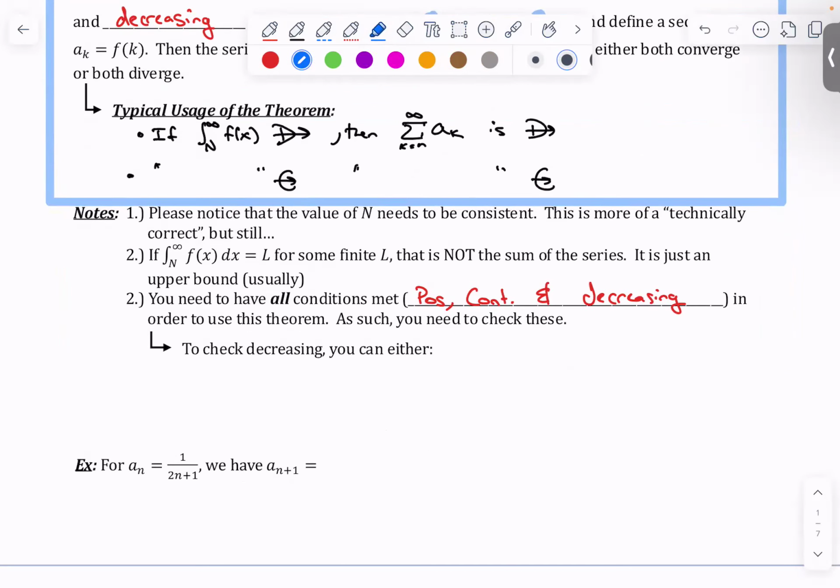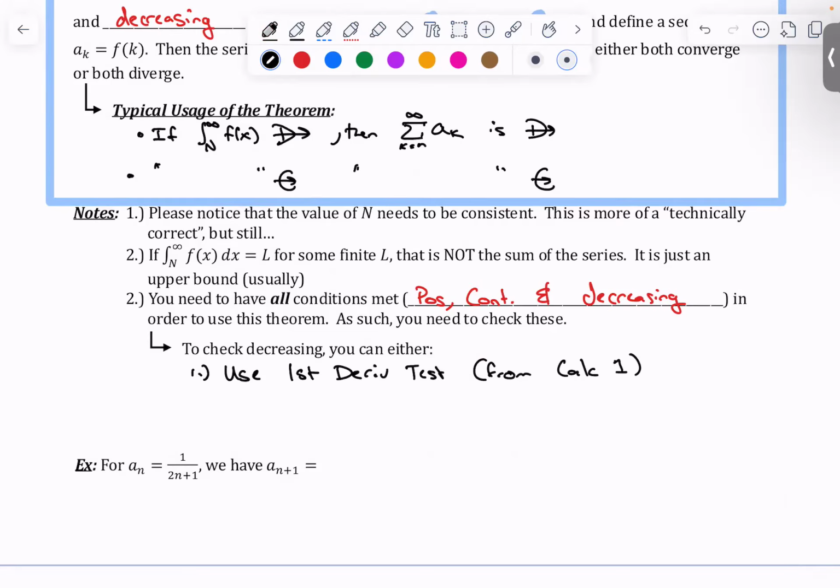So when it comes to finding out how a function is decreasing, there are 2 main ways. There's probably more, but these are the 2 most common ways to do it. You can either, 1, use the first derivative test from Calc 1, right?